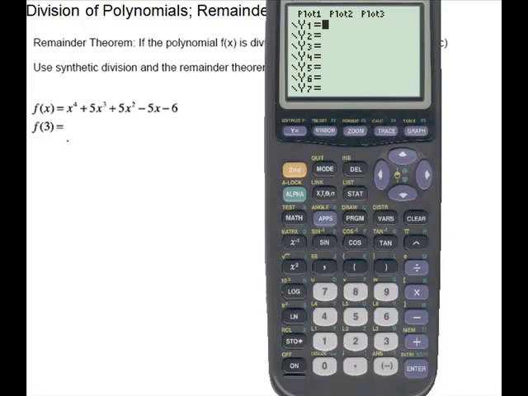Now, since they're still just asking us to evaluate this, I'm going to punch it in there to evaluate it, and then I know that's the remainder. Later on, when you're going to solve and you're finding if something's a 0, you would need the rest of the polynomial. But for what they've asked me, I really don't. So I'm going to take a shortcut and just type this in.